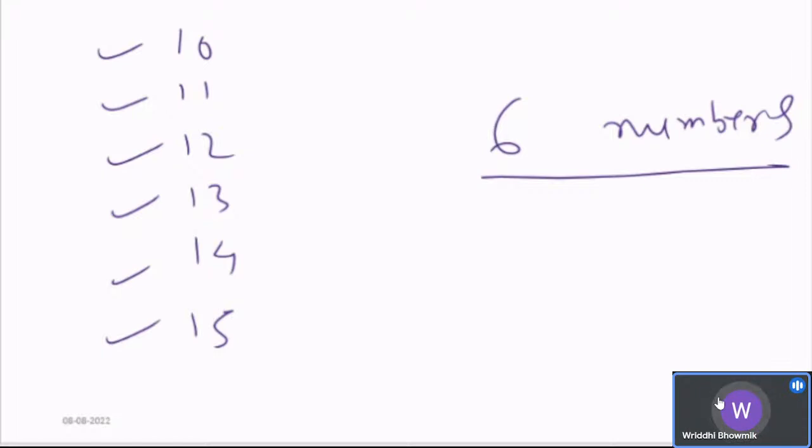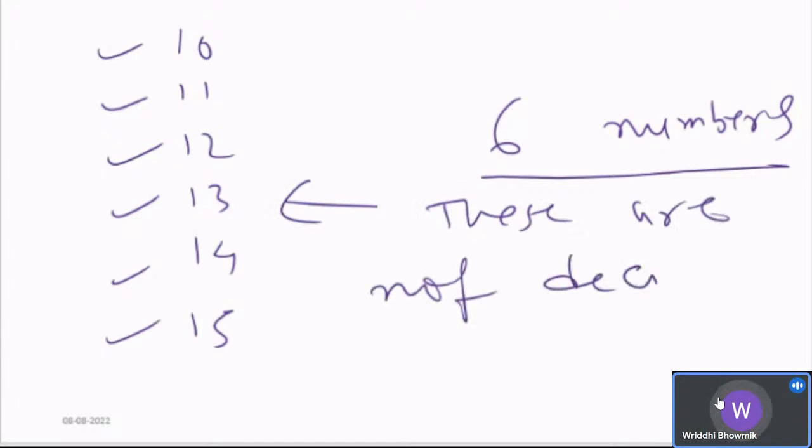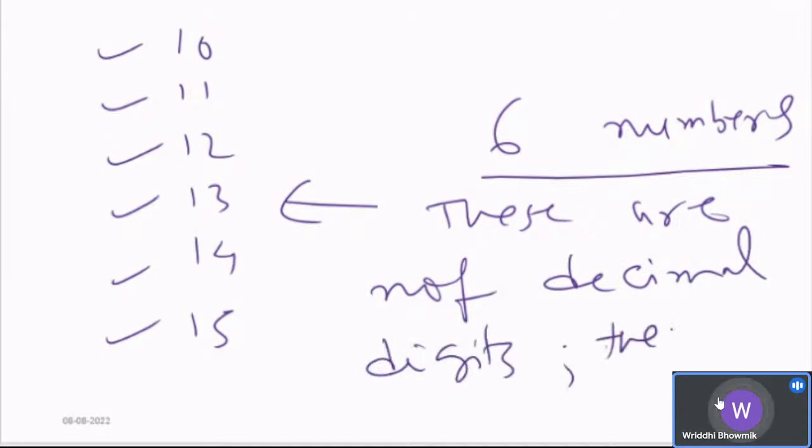But you need to understand what the code, binary coded decimal, is. We are trying to encode decimal digits by using 4 binary digits, and decimal digits always mean 0 to 9. When we are considering 10, 11, 12, 13, 14, 15, these are not decimal digits.